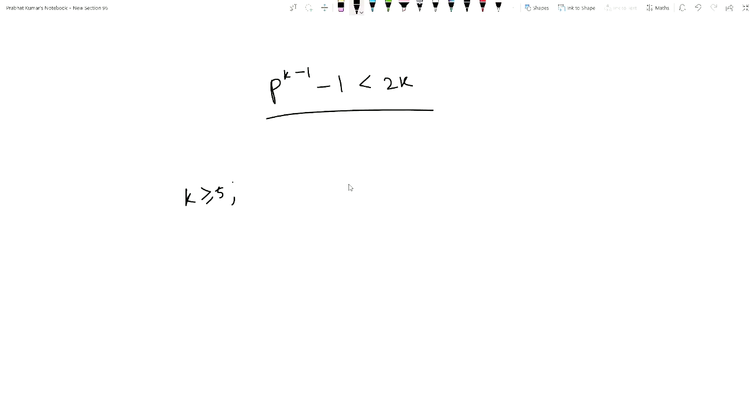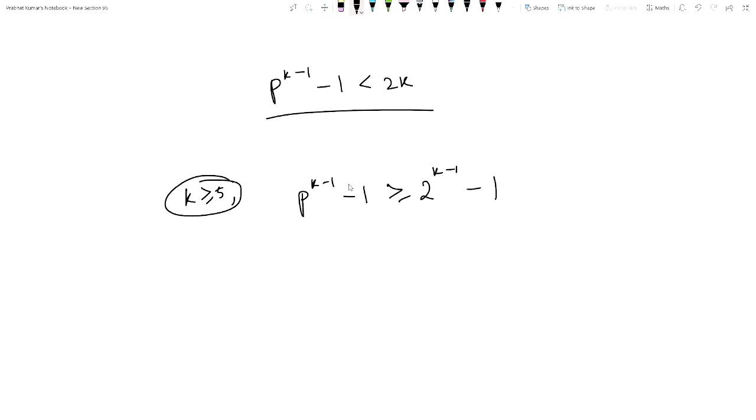So this expression p to the power k minus 1 will be greater than or equal to 2 to the power k minus 1, because 2 is the smallest prime, so any p must be at least this 2, right? Let's see why I have taken k greater than or equal to 5.